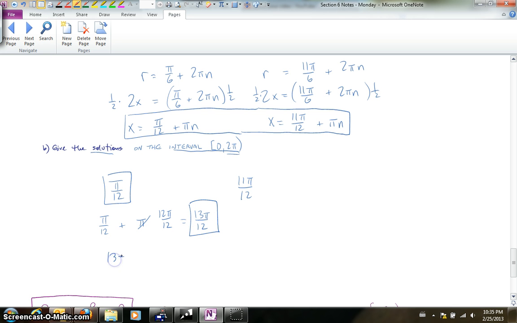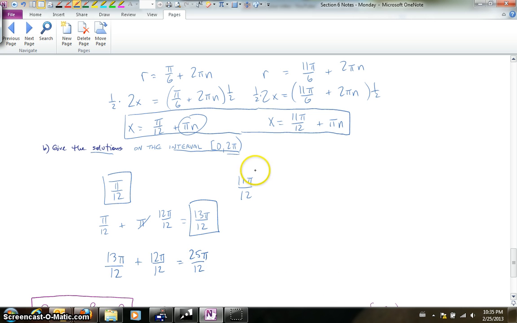I'm supposed to keep adding sections of pi each time and seeing whether that keeps me within the interval 0 to 2 pi. So let me try it again. Let me add another 12 pi over 12. That puts me at 25 pi over 12.